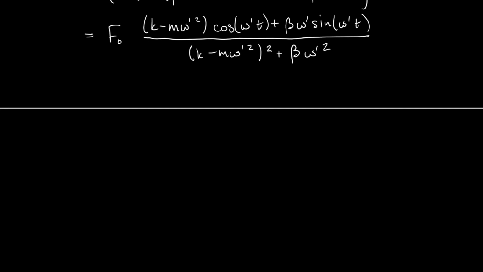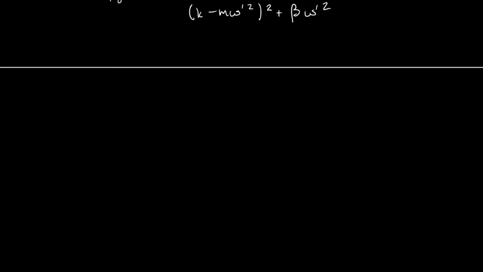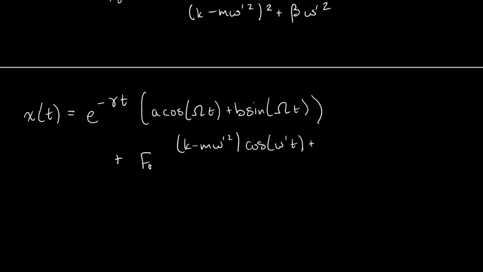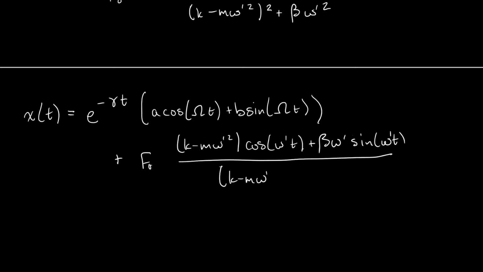Yeah, doesn't look nice. But now we add it to our homogeneous solution, and we get something that looks like e to the minus gamma t, where this gamma is just beta over 2m, how fast this is decaying, times a cosine omega t plus b sine omega t, plus all this nastiness: F naught times (k minus m omega prime squared) cosine omega prime t plus beta omega prime sine omega prime t, over (k minus m omega prime squared).